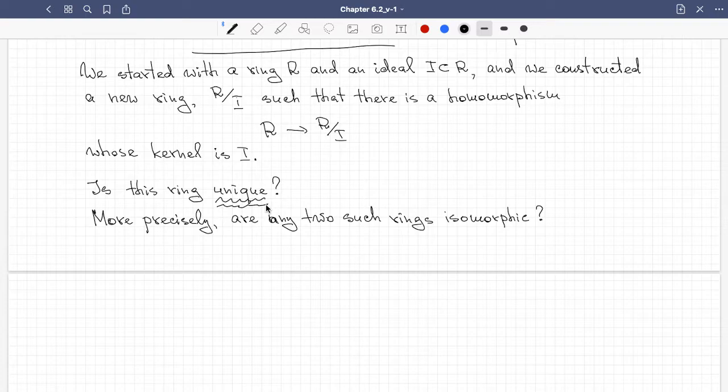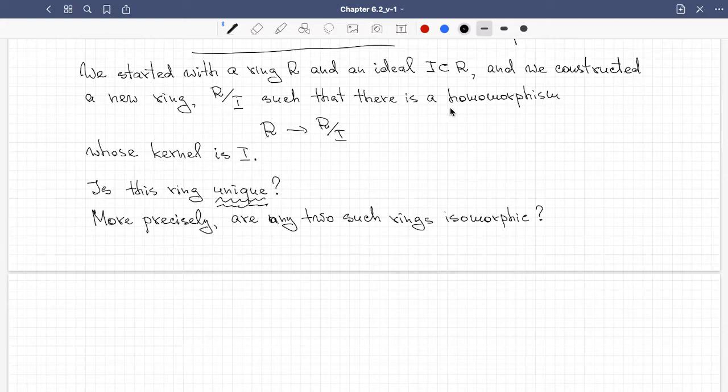And the answer is no, not that fast. A point is that I deliberately omitted the adjective surjective here. I just said a homomorphism.